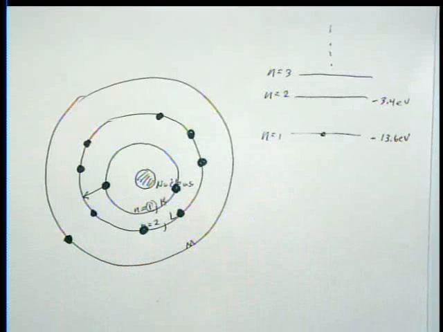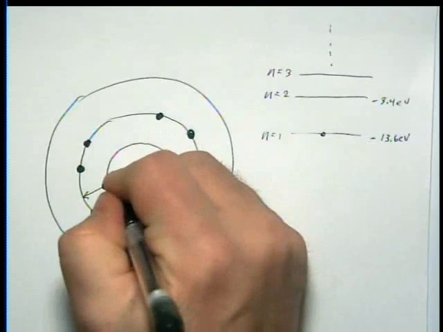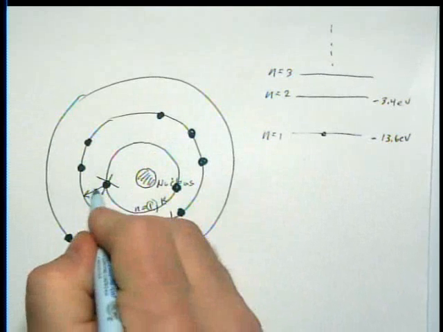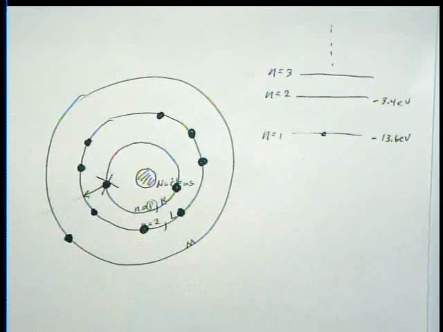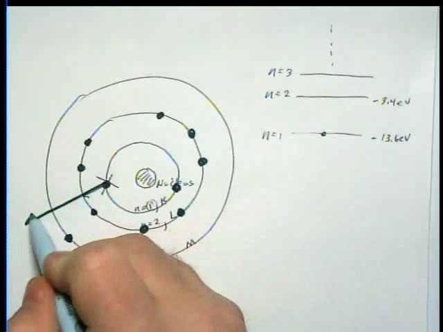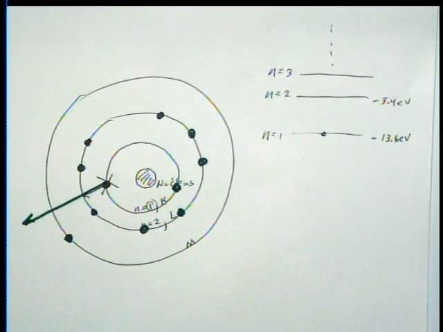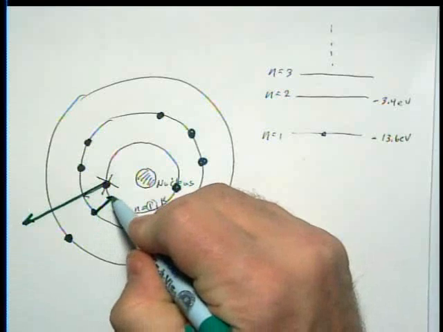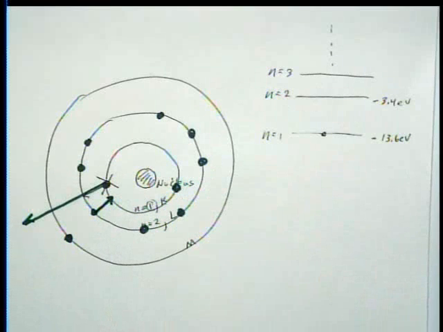If you were to knock one of these electrons out by any method, either heat it, knock it, whatever, smash it with an electron in an X-ray machine, so that one gets knocked out. This one can drop down, and it can emit a photon.